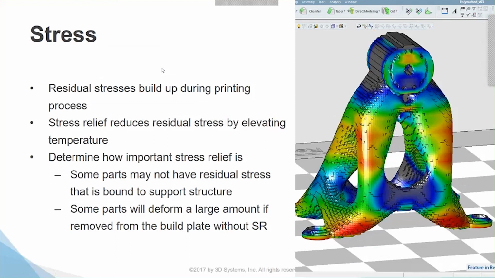So you can use this to look at different orientations and see if it's possible to build your part without doing an initial stress relief before you remove a lot of your supports or remove it from the plate. We usually always recommend to do some sort of heat treatment, but if you can get away with not doing a stress relief first and do a lot of your post-processing machining and then do a hardening step at the end, you can really cut down on a lot of lead time and a lot of cost in post-processing.